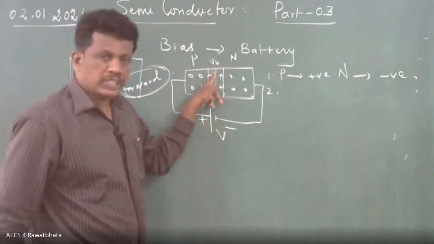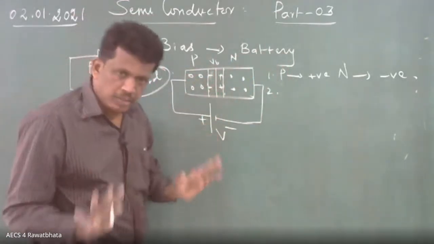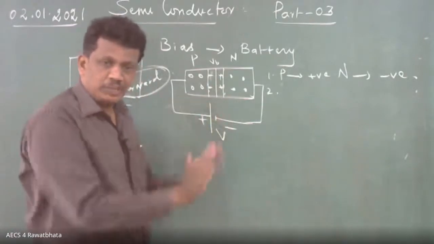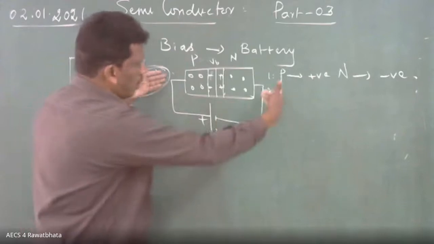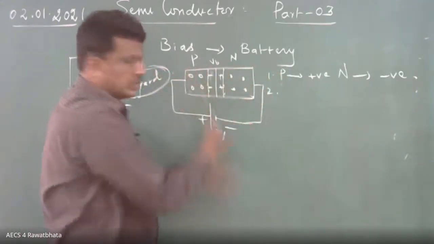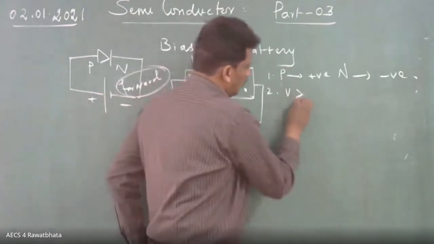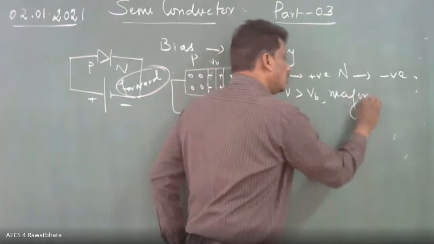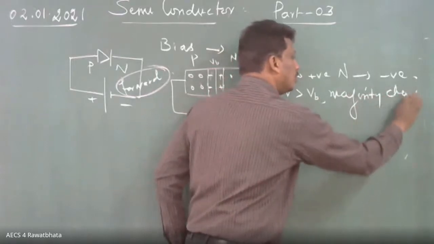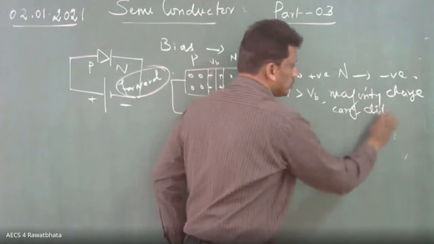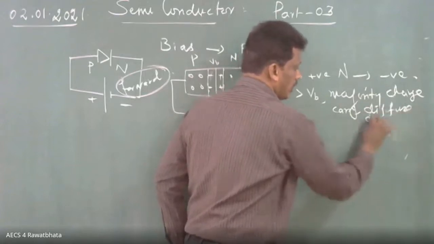Previously, the internal potential barrier was there, that's why they were not able to do that. Now, externally, you are applying a potential difference. So automatically, what will happen? The majority charge carriers diffuse. So V greater than VB, majority charge carriers diffuse again.